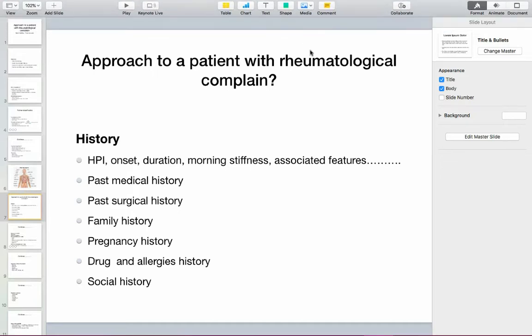So it's very important to know that particular piece of information, because if you went ahead and aspirated the knee, you might cause severe infection to that prosthesis. So it's very important to know your past surgical history.